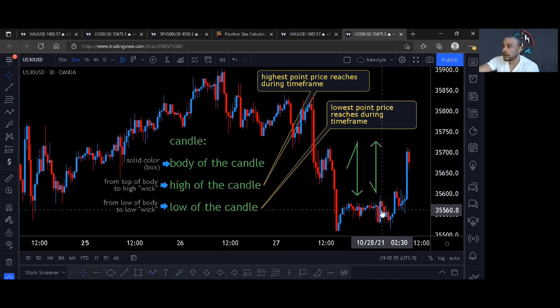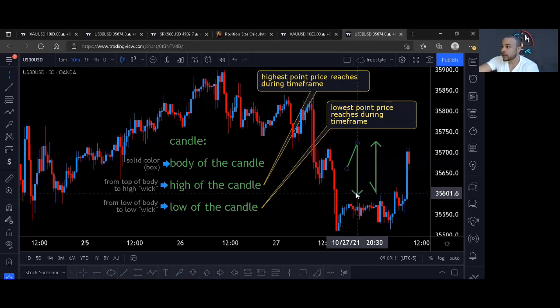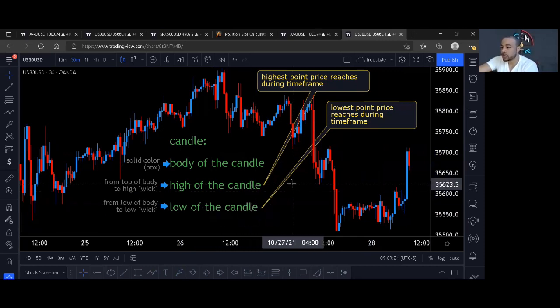So the wicks are giving you, in a sense, when you're reading price action, a sign, an indication. Again, the candles are your indicators of rejection. The wicks are kind of telling you what rejection somewhat looks like from a wick standpoint.